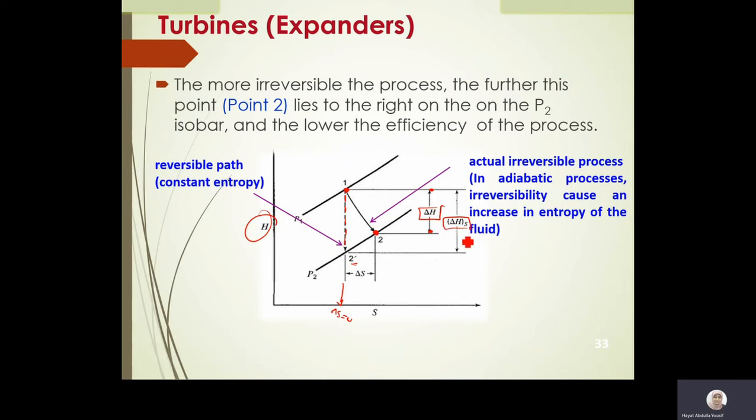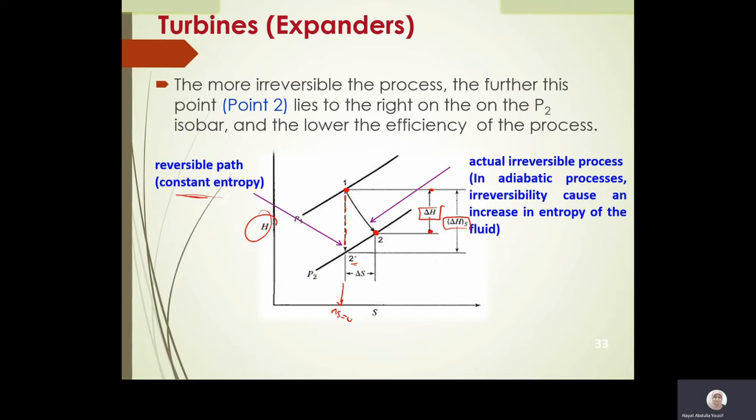So you can clearly see that delta H is less than delta HS, right? And the efficiency is simply the ratio between the two. This just shows that more irreversibility means this ratio will be lower. When delta H is much smaller than delta HS, I will have more irreversibility in the process. So that is how to get that on the HS diagram.